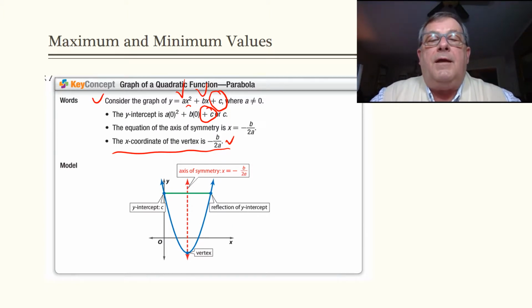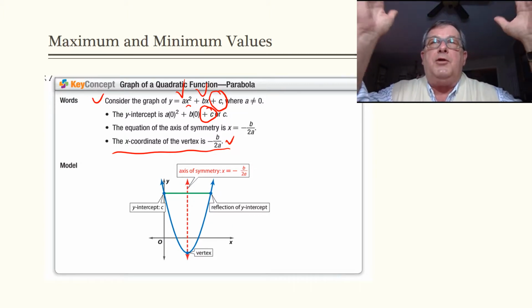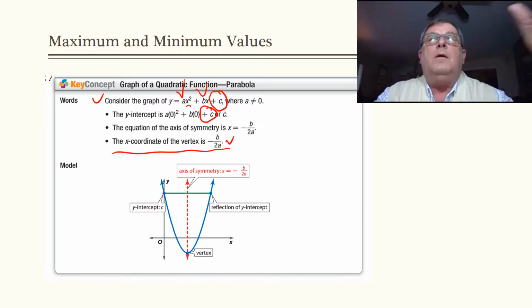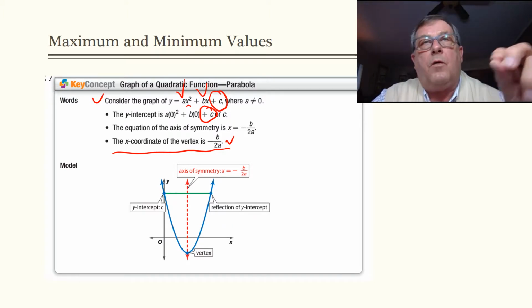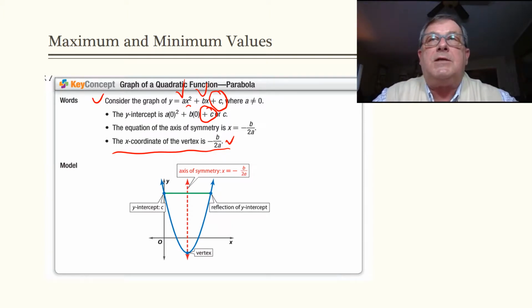Now, if a is greater than 0, and it cannot equal 0 for it to be a quadratic function, then my graph, that U shape, is going to be arms up. And so at the very bottom of that parabola, that's going to give me a minimum value of y. In other words, at that x-coordinate, whatever that y value is, that's the minimum value for y, or it helps me find the range, you could say.